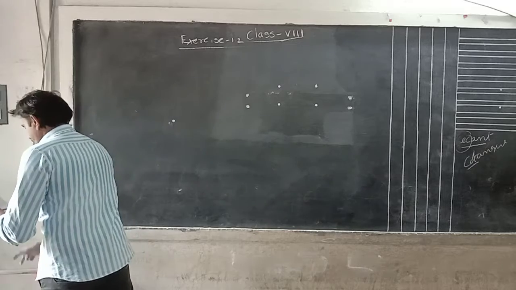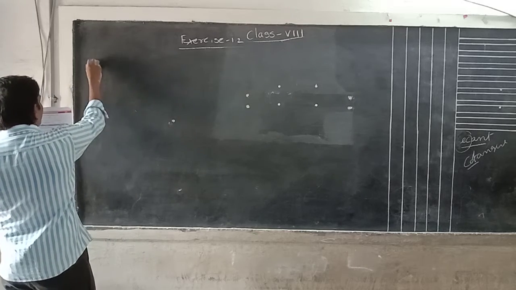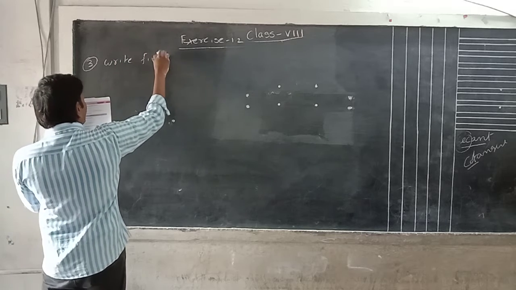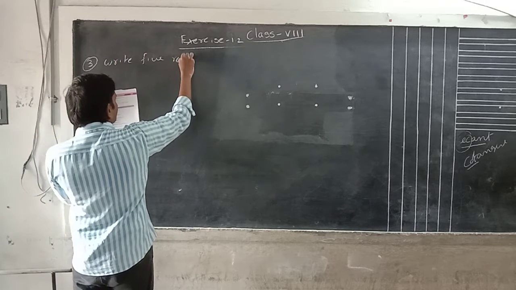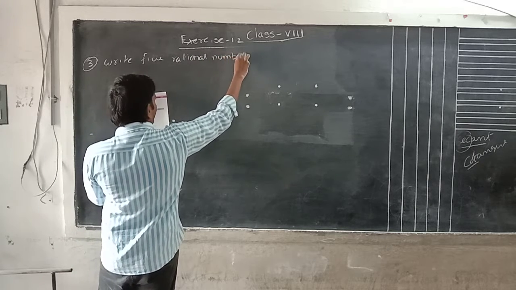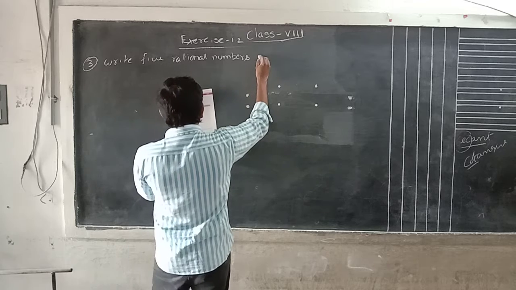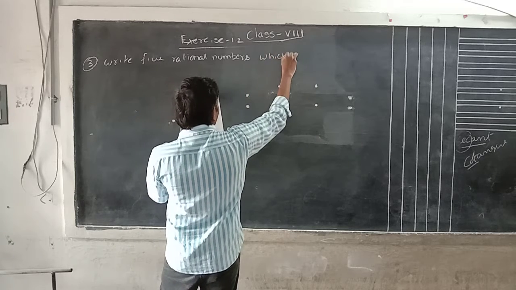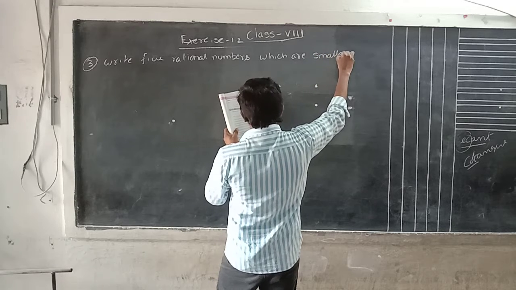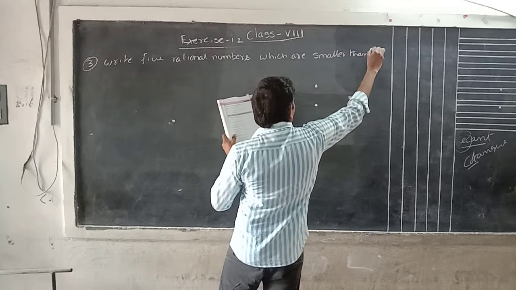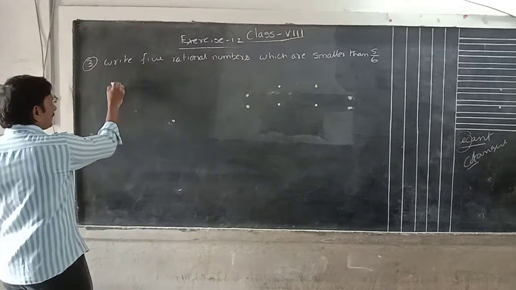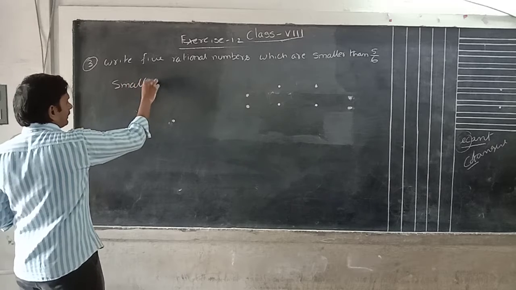What is the third one here? Third one: write 5 rational numbers which are smaller than 5 by 6.